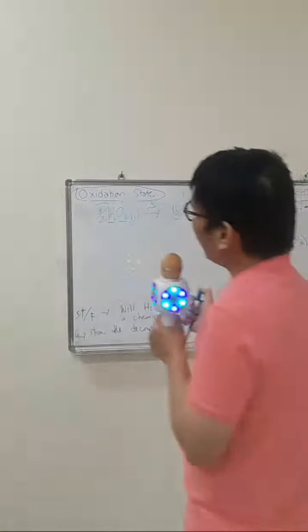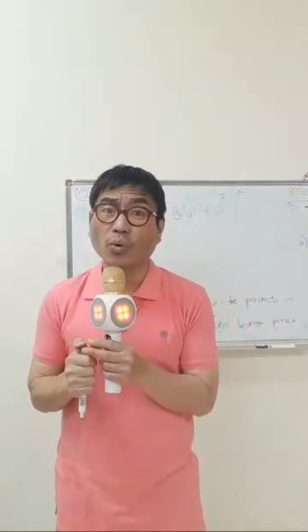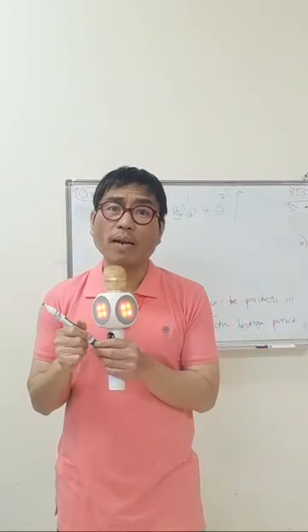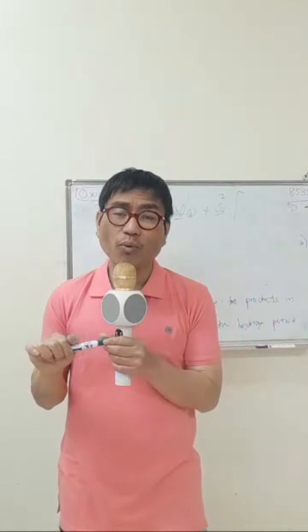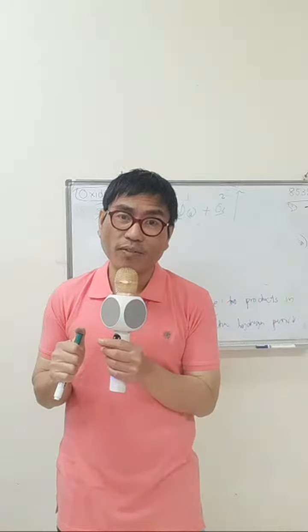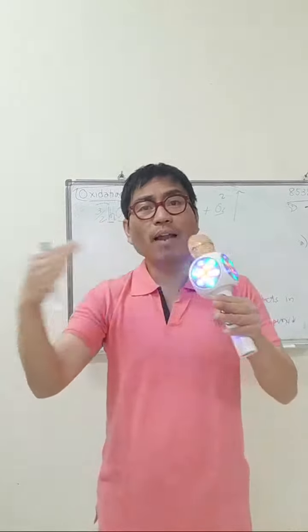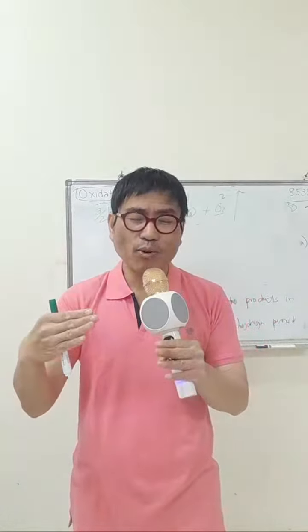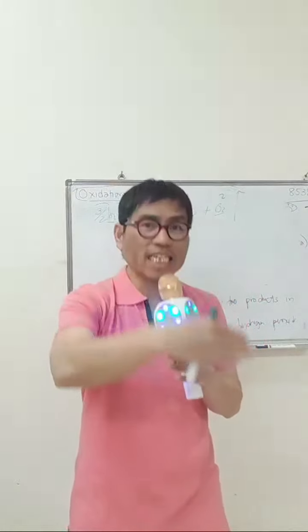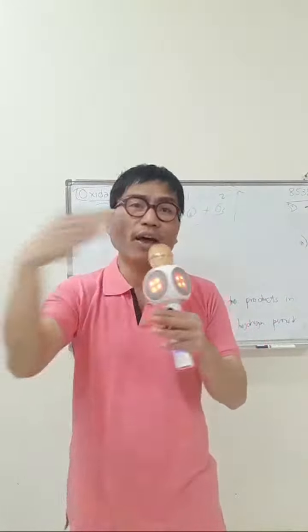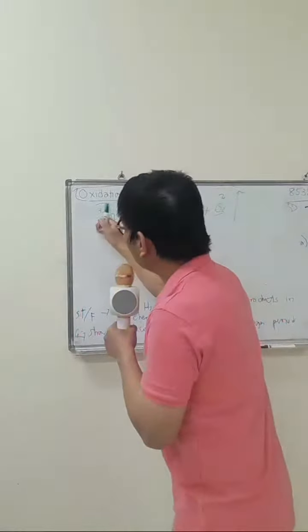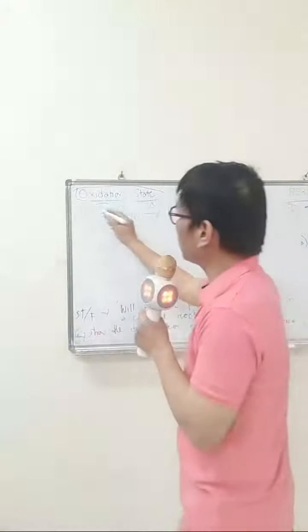Since we have now an improper fraction, the rule in chemistry, we need to apply algebra. We need to cancel the denominator of this 3 halves by multiplying both sides. We mean both sides, reactant and the product, left and right. Okay, so multiply this all with 2 because this is the denominator.